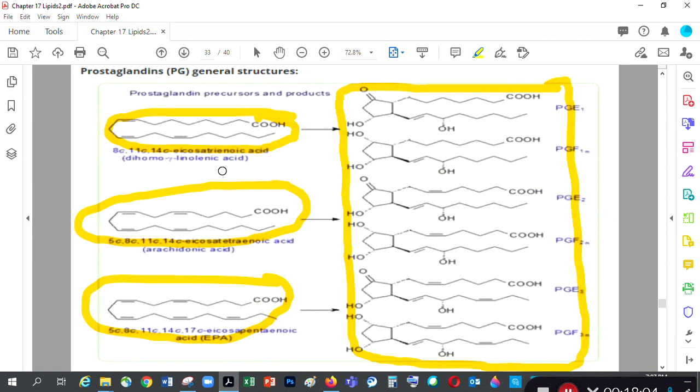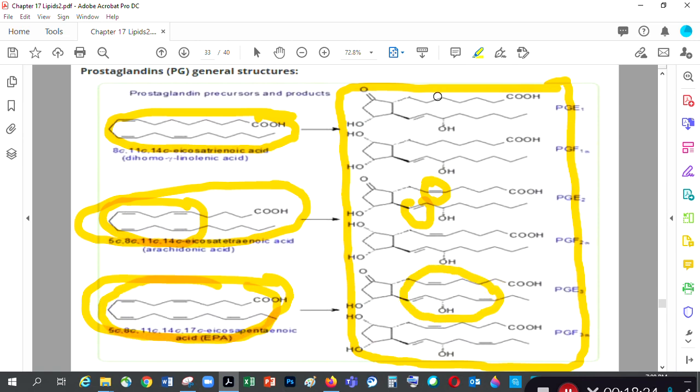So different numbers of double bonds give different prostaglandins. You can see here it started with 3 double bonds, and you end up with 1 here. Here it started with 4, you end up with 2. Here you have 5 double bonds, and you will end up having 3.